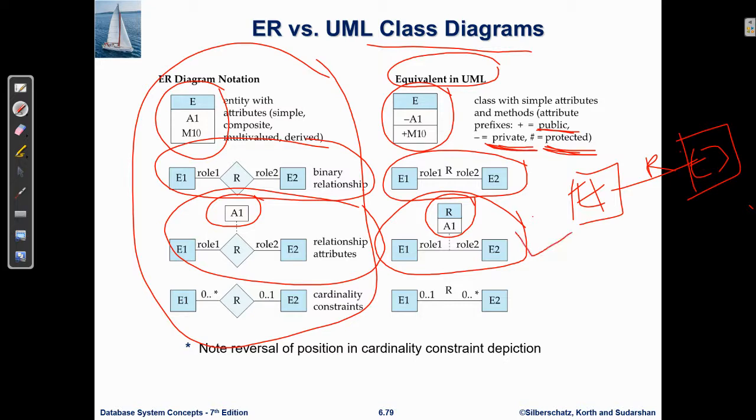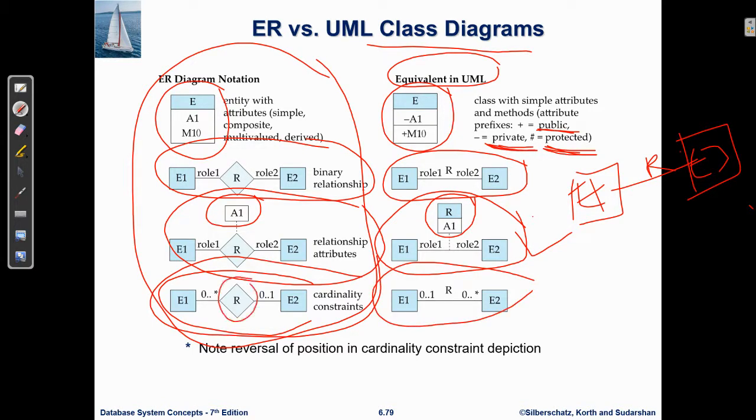That is how it is shown in UML. Cardinality constraints, we write down the numbers. E1 and E2 with cardinality constraints will be shown in the same manner, without the relationship notation.